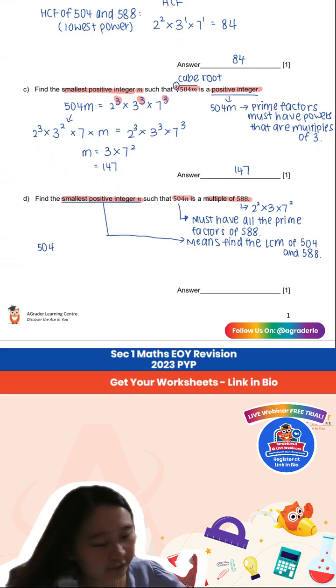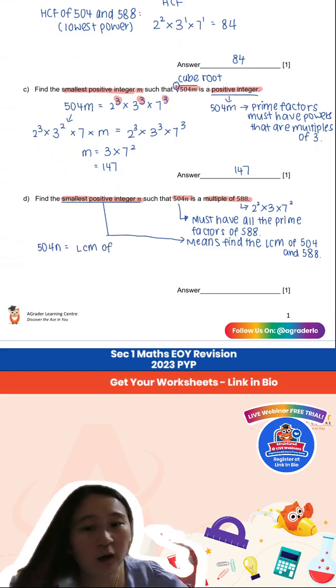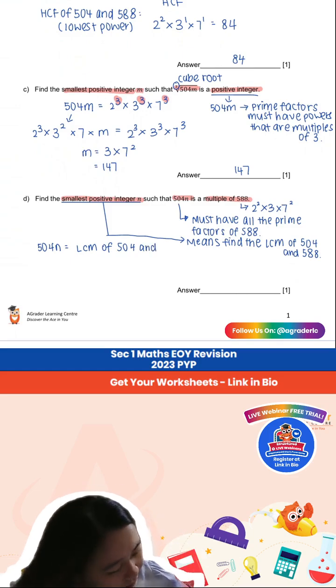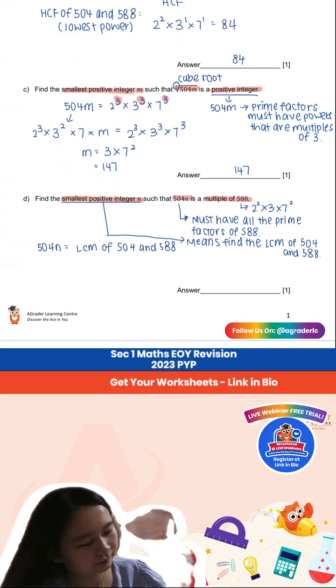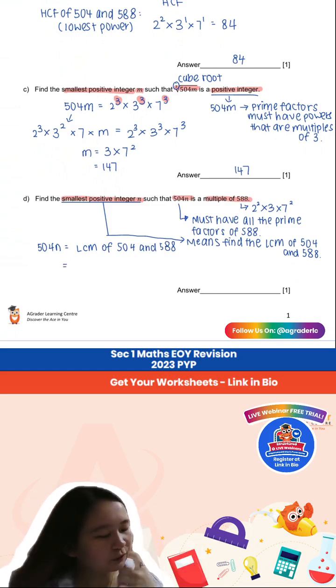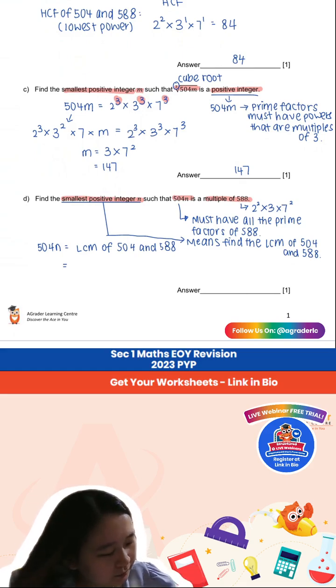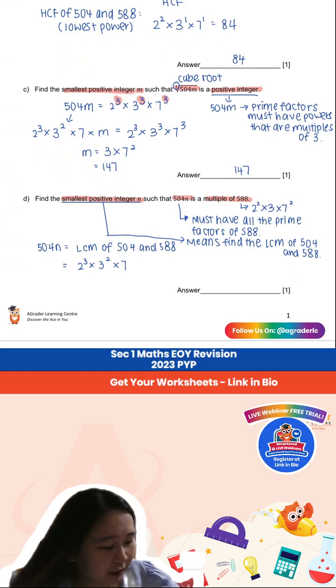So 504n is equal to the LCM of 504 and 588. To find the LCM of these two, I take the highest power. So 2 to the power 3 is the highest power, 3 squared is the highest power, and 7 squared is the highest power.